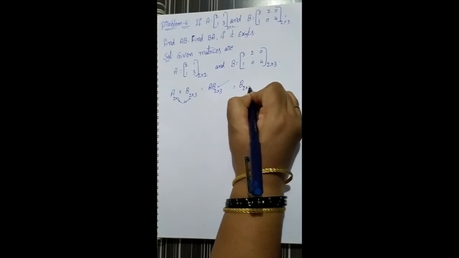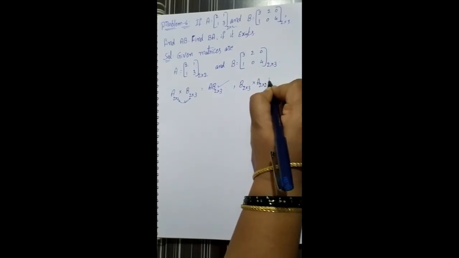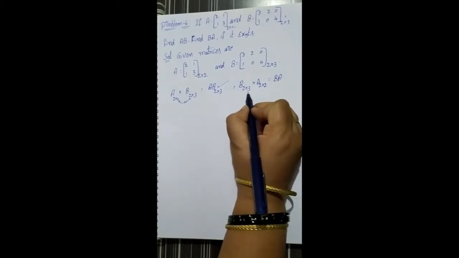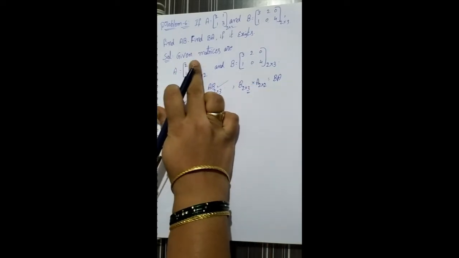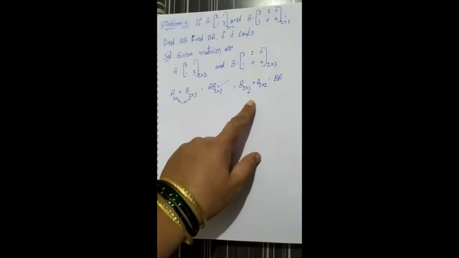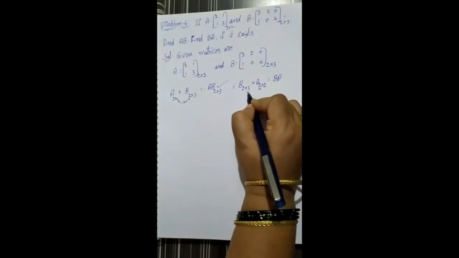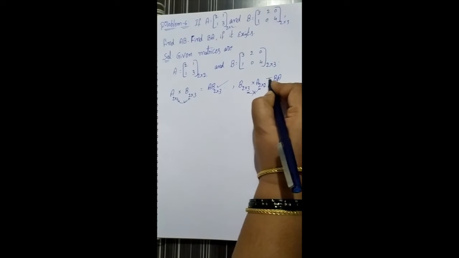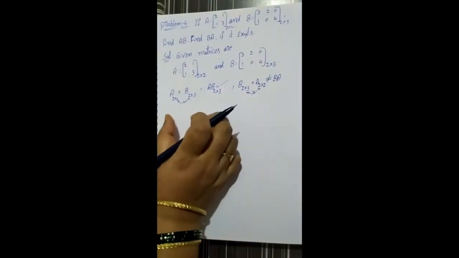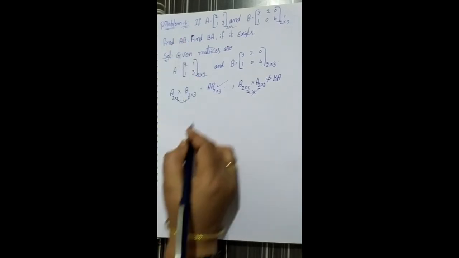B of order 2 by 3 into A of order 2 by 2. Does BA exist? The number of columns of the first matrix and the number of rows of the second matrix are not equal, so BA does not exist. Then in this problem we can only find the AB value.